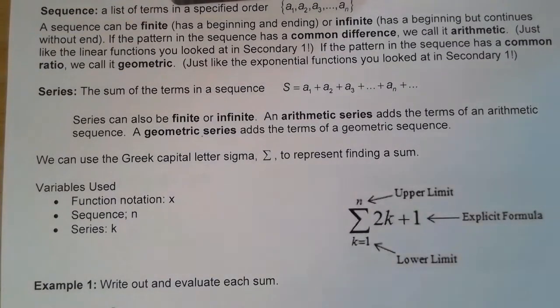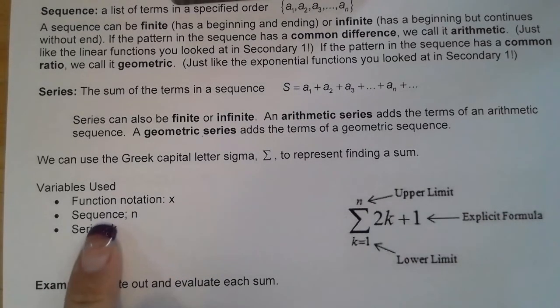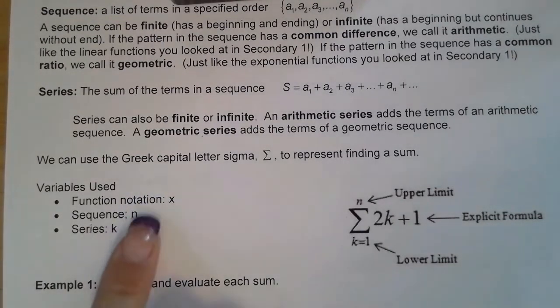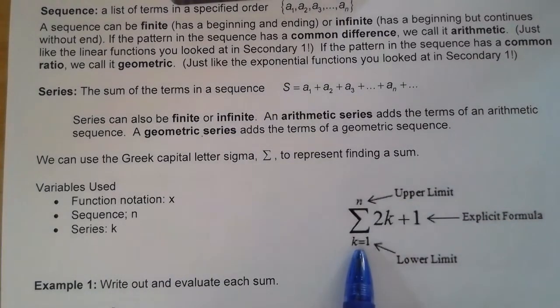When we do the function itself, usually it's an x. A sequence is n, remember a sub n, and a series is k. So we're going to use k throughout this whole thing just to get the right term. The bottom here tells you where k begins.